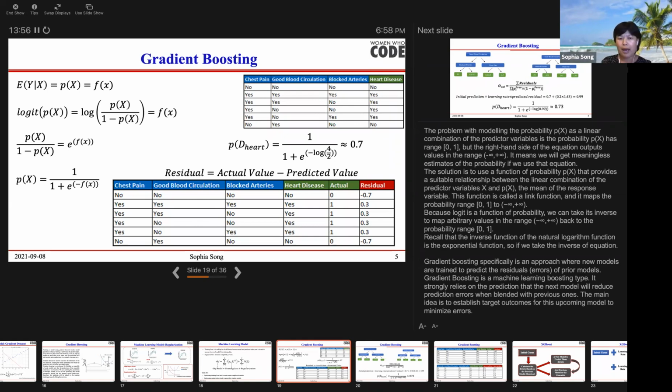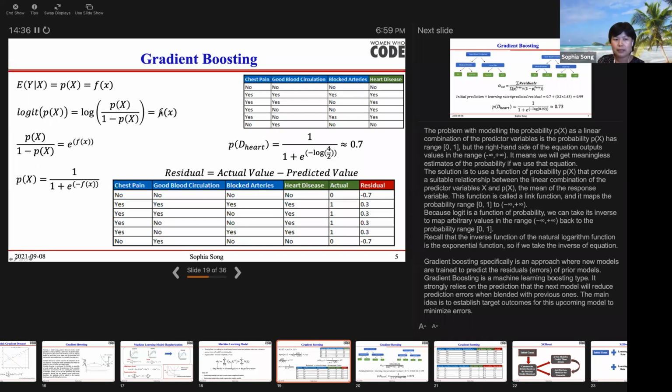Usually in reality, this model's output range is from negative infinity to positive infinity. However, the probability range is from 0 to 1. So here is the logit function to map the probability from 0 to 1 to negative infinity to positive infinity.